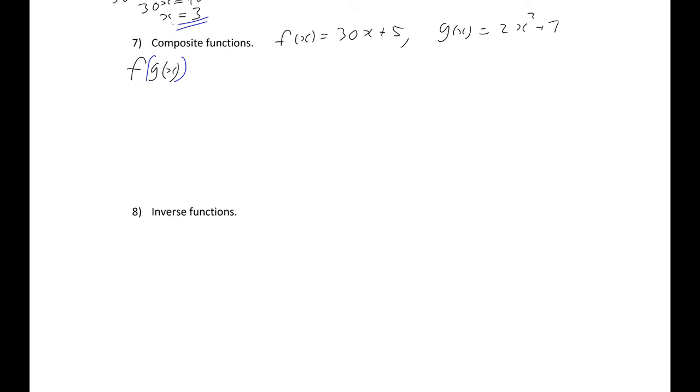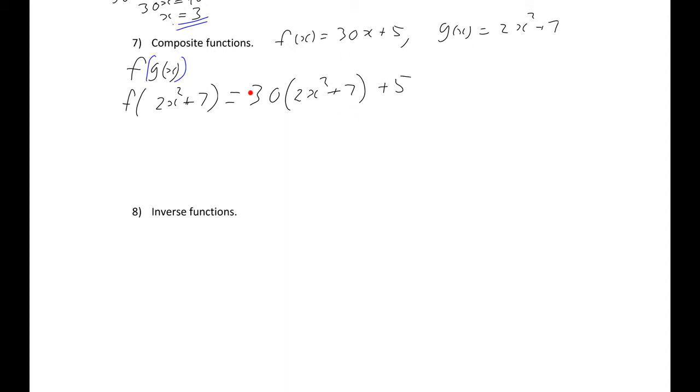So actually we've got f of 2x squared plus 7. Now, it's in this bracket here, so that means wherever we have x in here, we're going to plug this. So this equals 30 lots of 2x squared plus 7, then add 5. Now you can see that this has replaced x because it's in here, and that's gone into there because it is f of g of x.